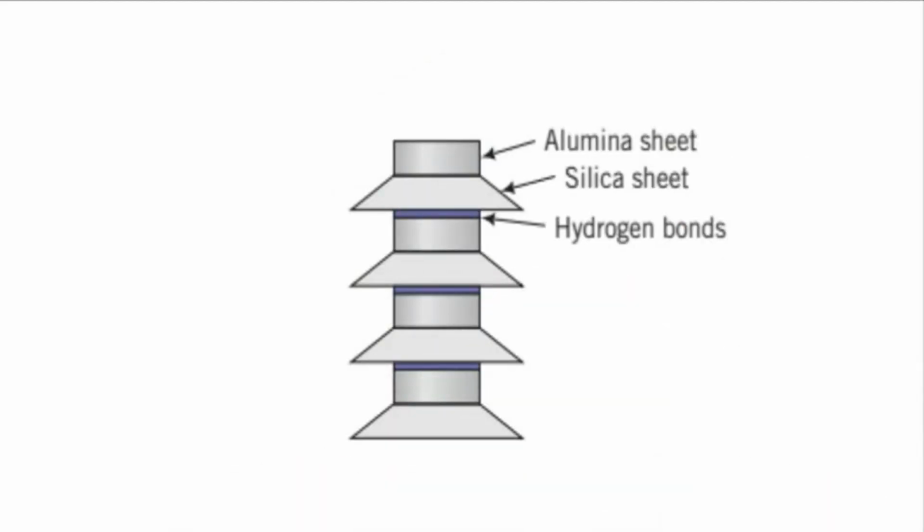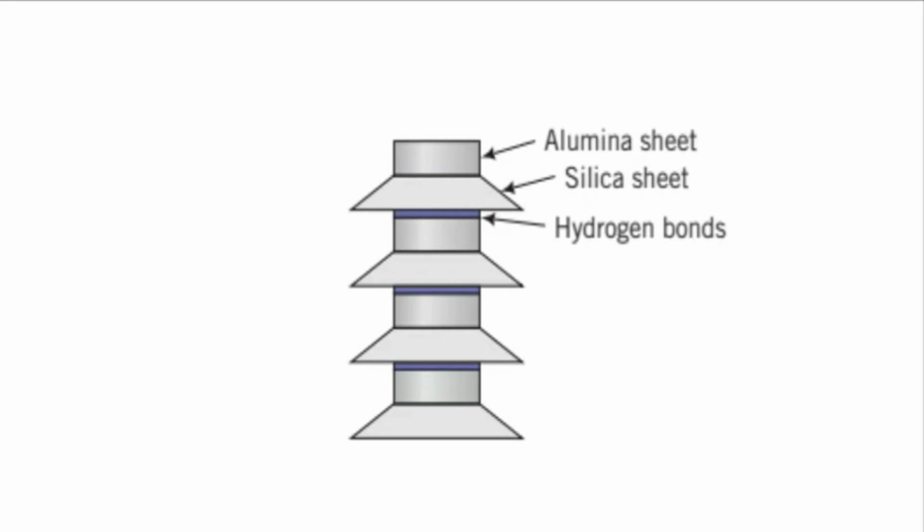First, let's understand the structure of each one, starting with kaolinite. Kaolinite is made up of an alumina sheet and a silica sheet in the ratio of 1:1, and they are strongly bonded with hydrogen bonds. These two things you have to remember and compare with illite and montmorillonite, and have a comparative study, since you may be asked in exams to arrange them in ascending or descending order.